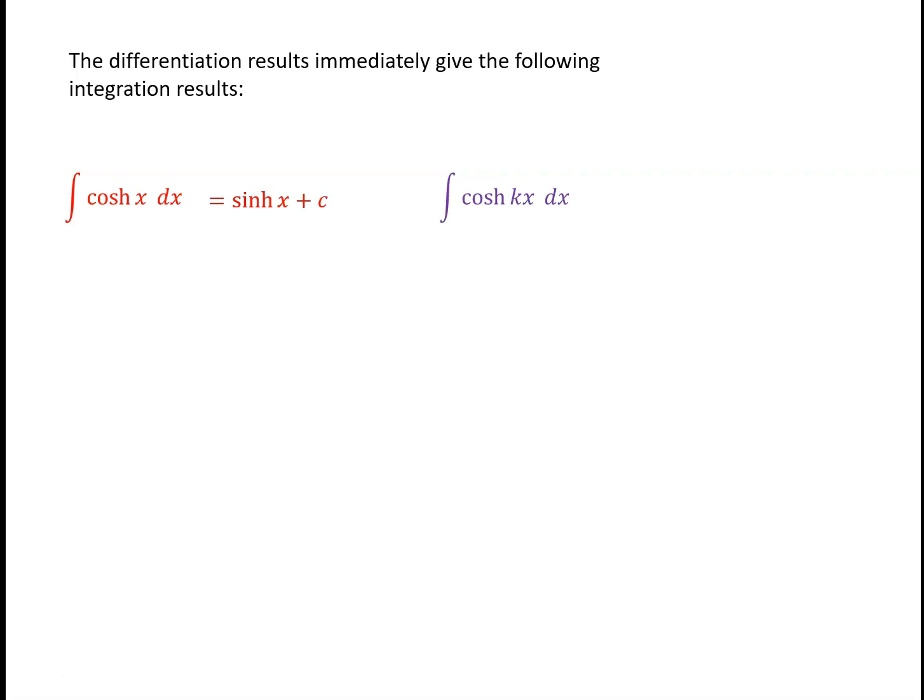The integral of cos kx, well, we know that k cos kx is the derivative of sin kx. So cos kx is the derivative of 1 over k sin kx. So the integral of cos kx must be 1 over k sin kx plus c.